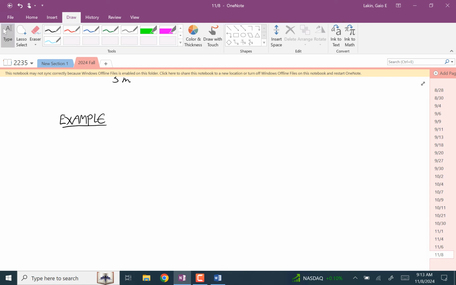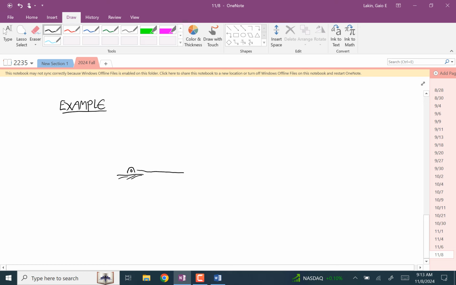All right, so let's say we have a pin joint at the middle of this beam and a roller at the left end.